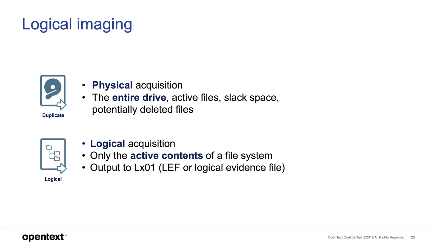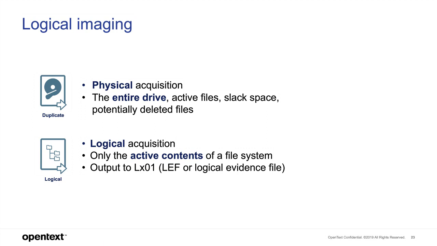Logical imaging can save an investigator valuable time by focusing on specific files or file types of interest rather than acquiring the entire physical drive. And if you don't have to acquire the entire drive, then you don't have to process all of that acquired data in your forensic tool. We hope it's EnCase, which again saves you even more time.